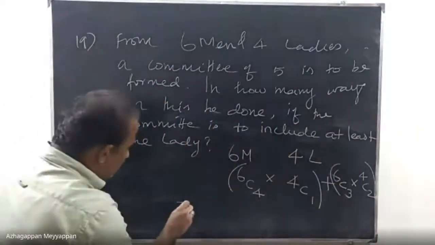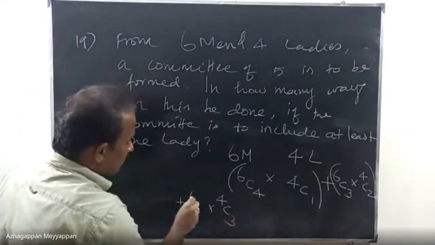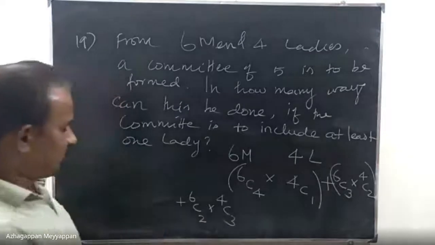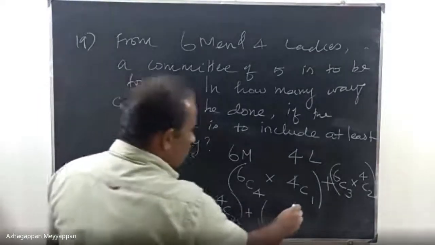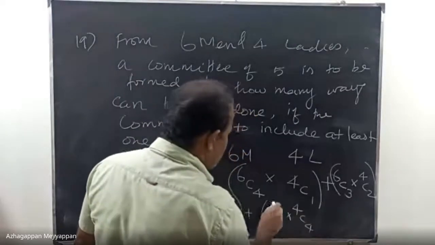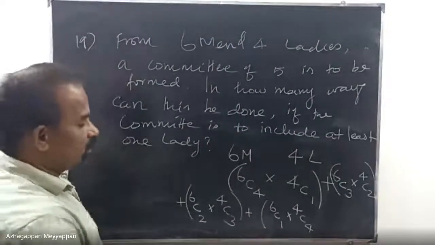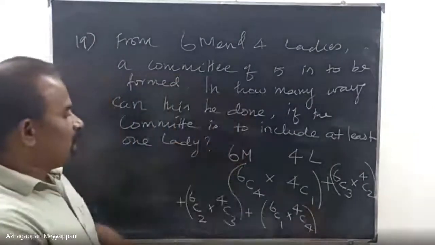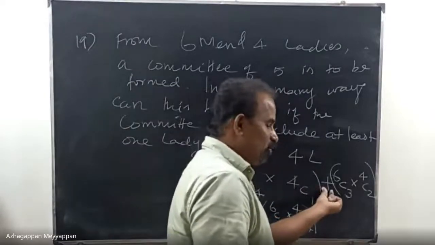Or 3 ladies, 2 gents. Or 4 ladies, 1 gent, 6C1 into 4C4. This is the combination. And means intersection, or means plus. That is most important.